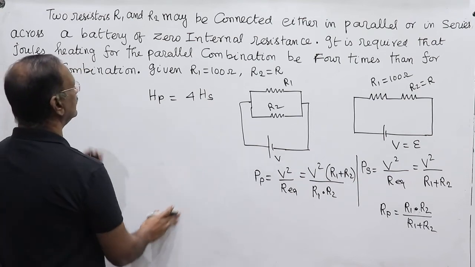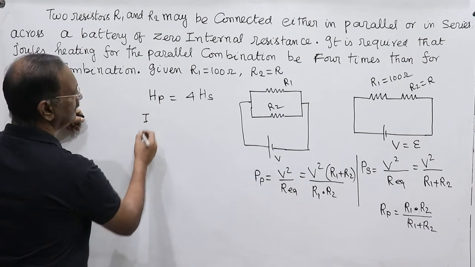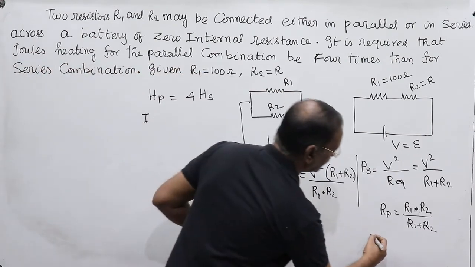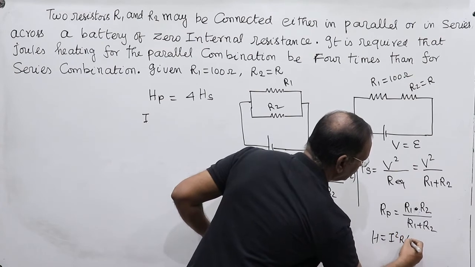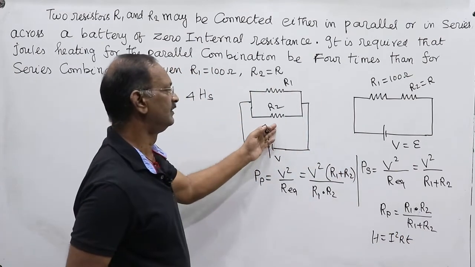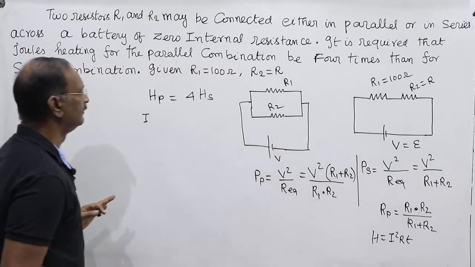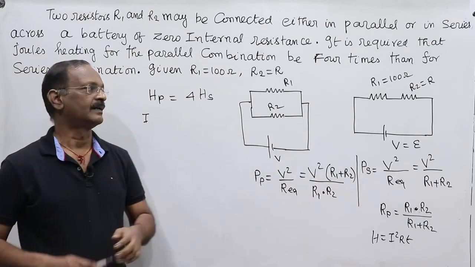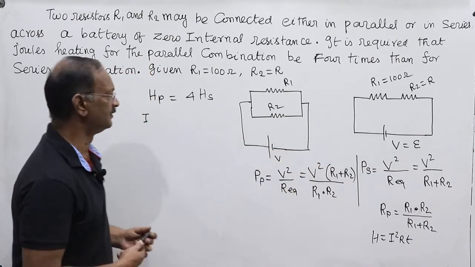Or we can write, what is heating? Heat is given by H is equal to I square R into T. Because both are for the same time, it is given, because heat is always compared for a given same time for both the circuits.